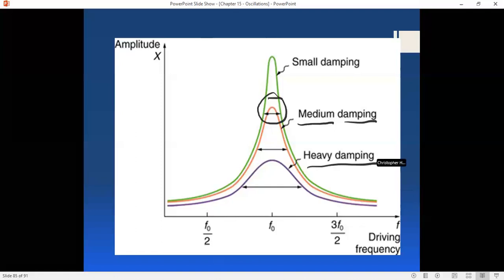Heavy damping, you get almost no peak at this resonant frequency. Now, this actually has an electronic analogy too. This is actually how the first radios were created, where they had this resonance or resonant frequency in a very particular type of circuit called an RLC circuit.